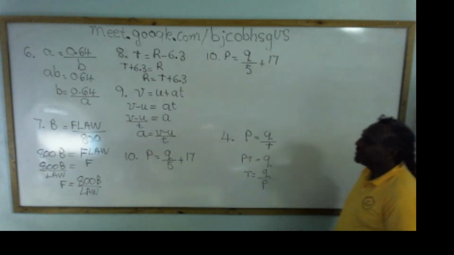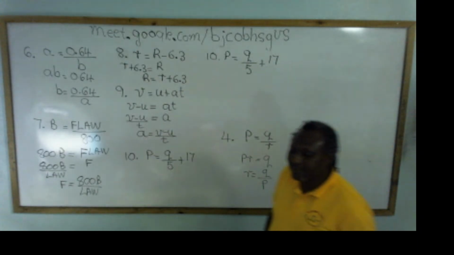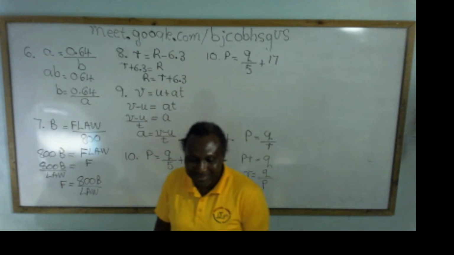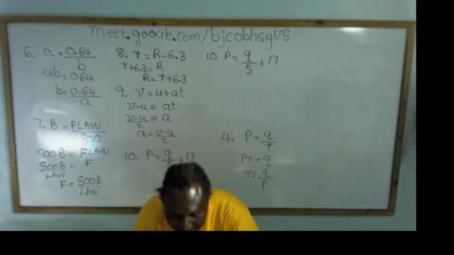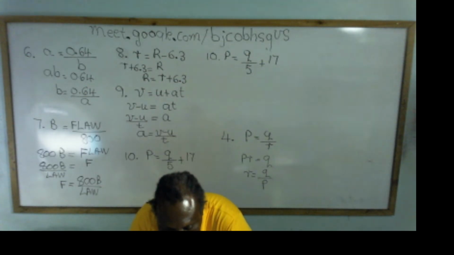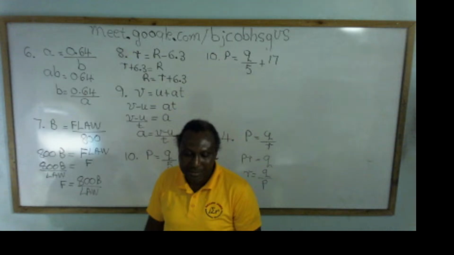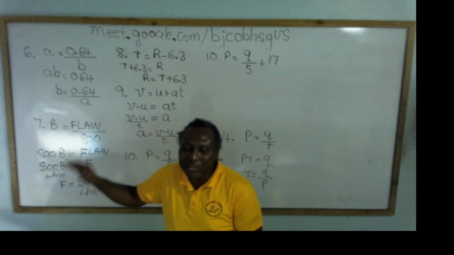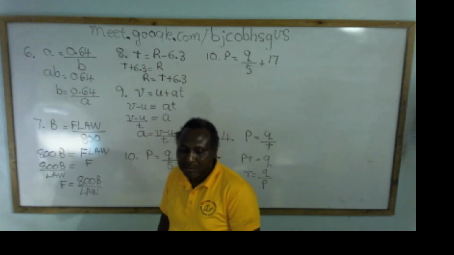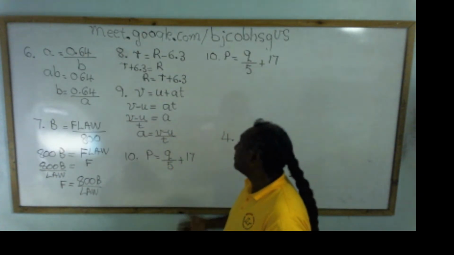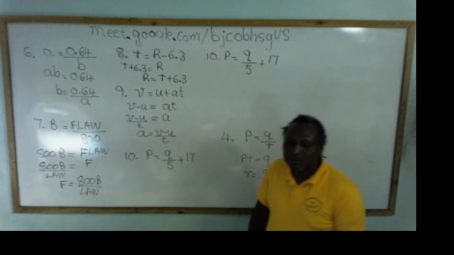Number 10, we will take two goes at number 10. Why is it that A is the subject? Because the problem says so. It's just that I don't write it out on the board because that's going to take up a lot of space. The proposed subject is A. Make A the subject of the formula. That's what the problem says.